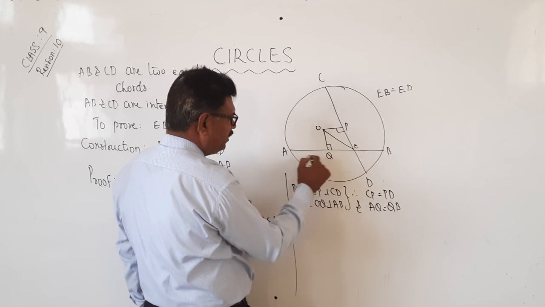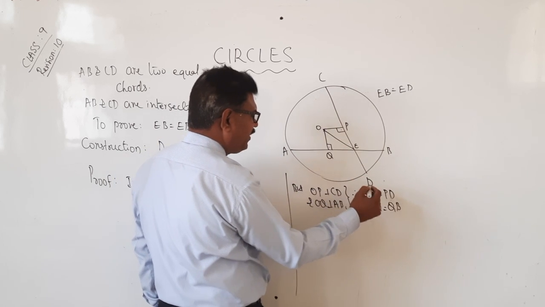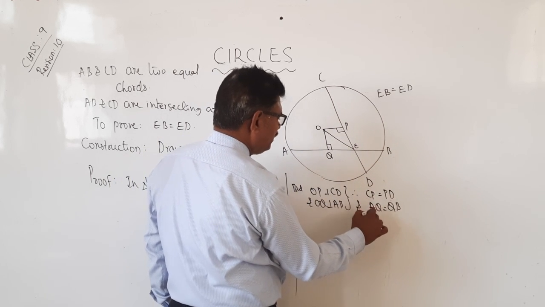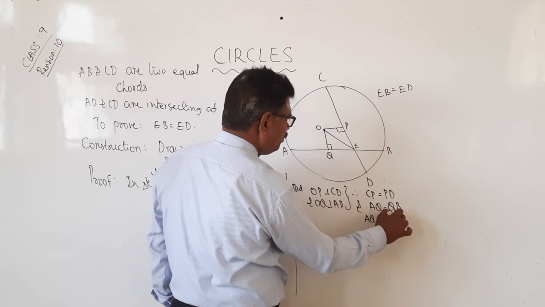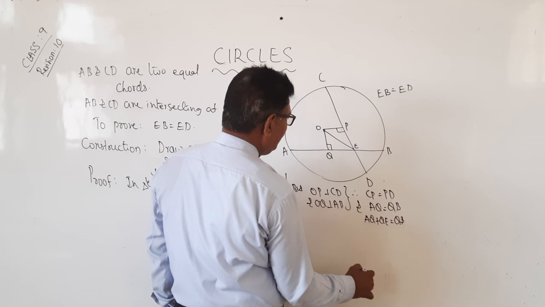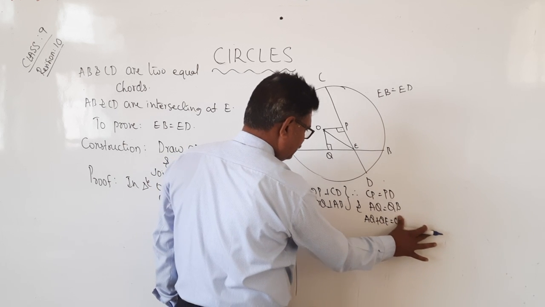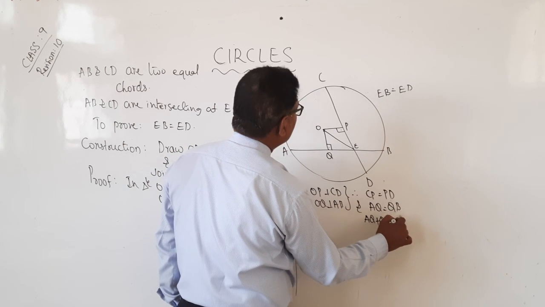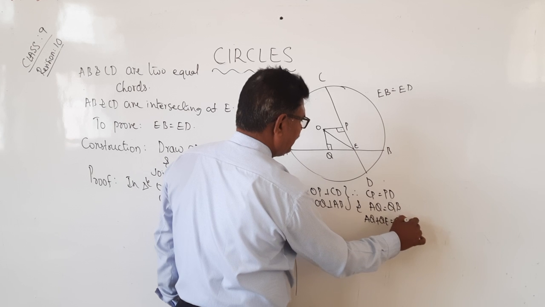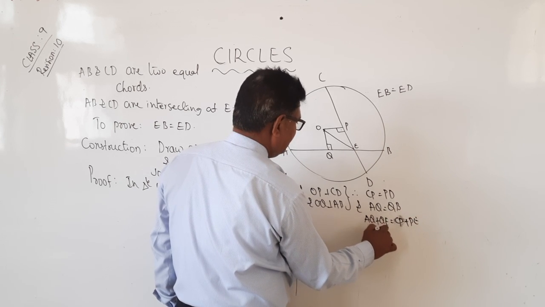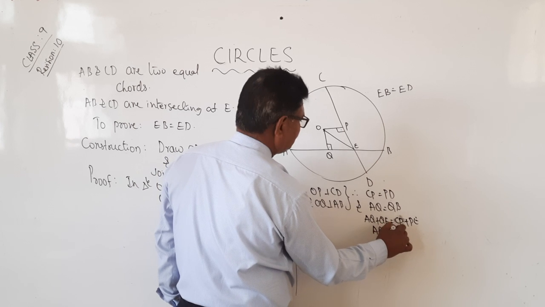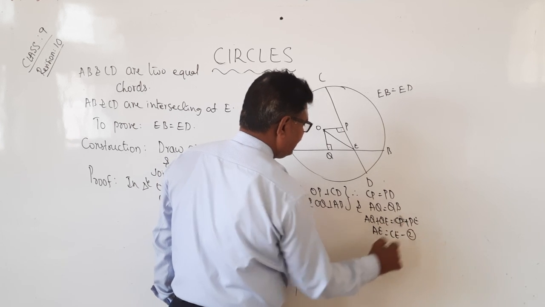But you can take like this. Now you see, when equals are added to equals, what happened? Like that only. AQ plus QE is equal to CP plus PE. Therefore, what happened? AE equal to CE. This is the second equation.